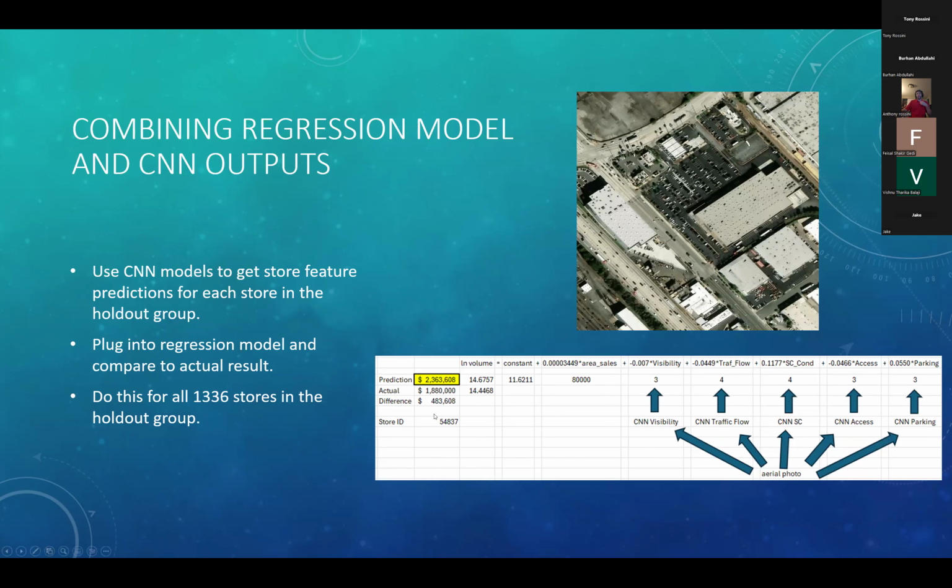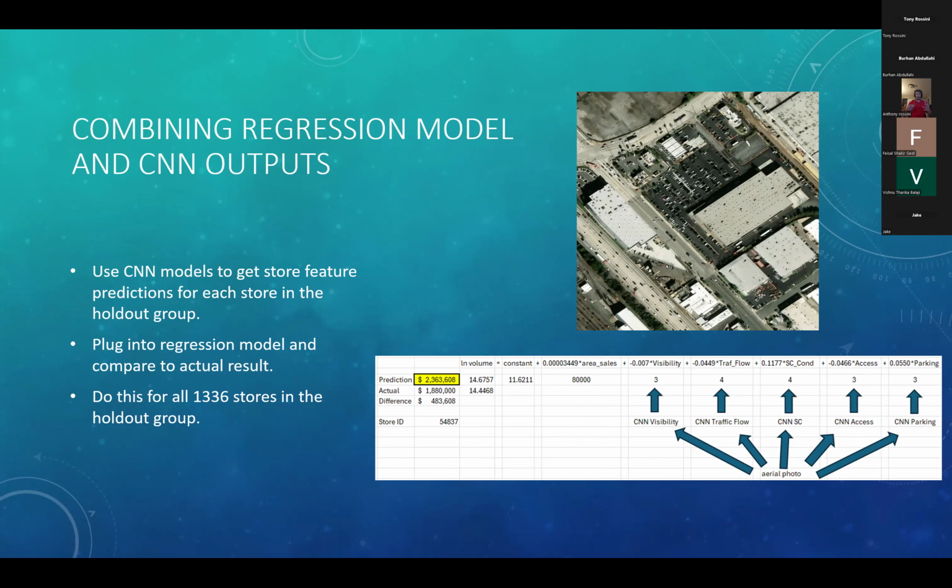So for this store 54837, we plug this picture into our models and we get values 3, 4, 4, 3, 3 for the 5 features. Plug that into our regression model, translate the output back into our monetary values, and we get a prediction of about $2.4 million predicted for that weekly sales average.